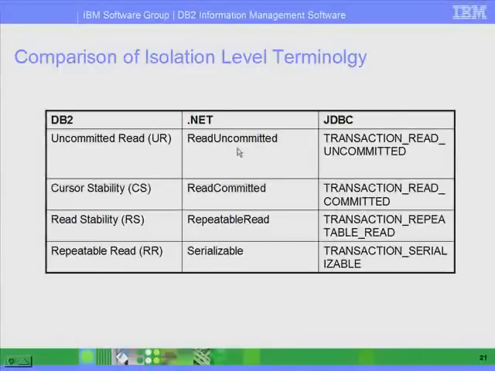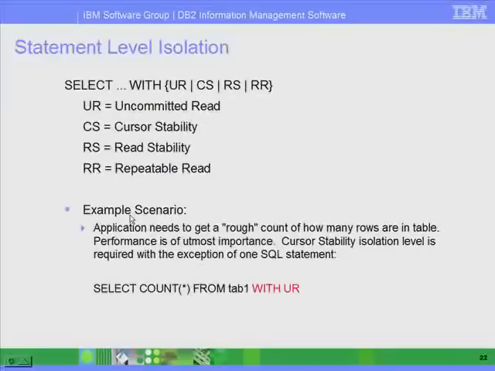If you have a .NET application, it's similar: depending on the property that you set in .NET, it will translate to different isolation levels in DB2. Now you can also set isolation at the statement level, and that is done simply by adding the term WITH and then the isolation level that you want to use.